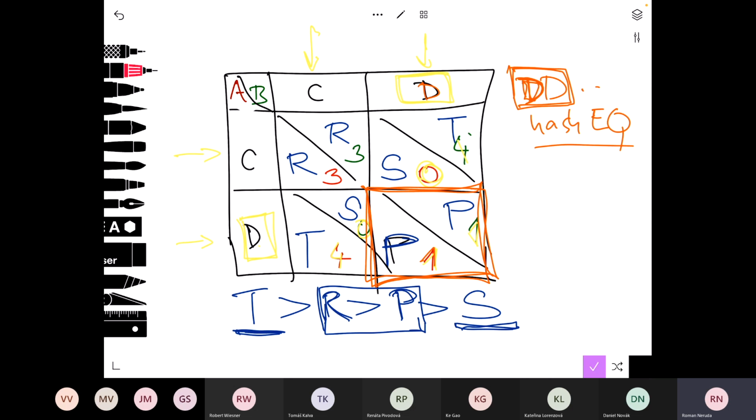So if you think of it, you have 3, 3 and 1, 1, right? Consider those to be like coordinates. You have 4 here, that's the biggest. So the Pareto front for this is actually all these 3, which are CC, CD, and DC. They are Pareto optimal.